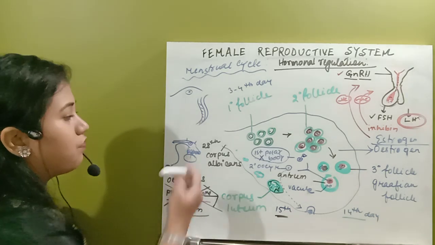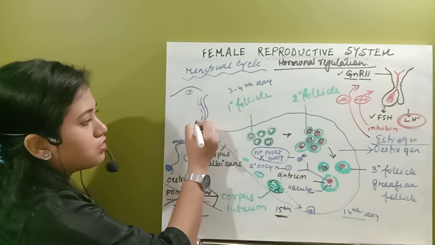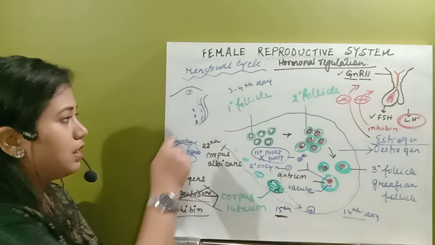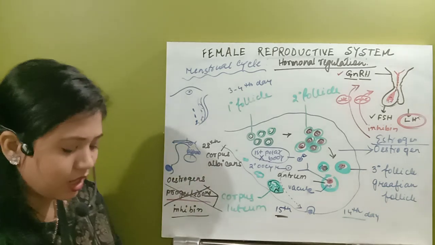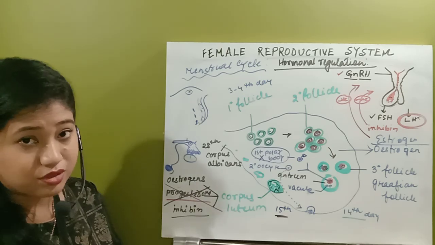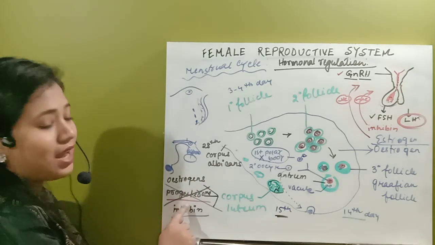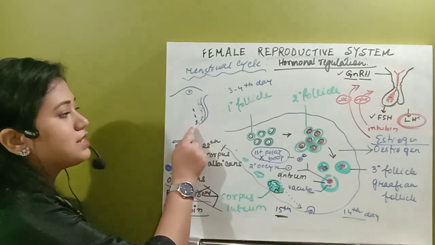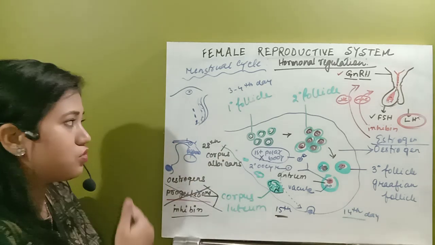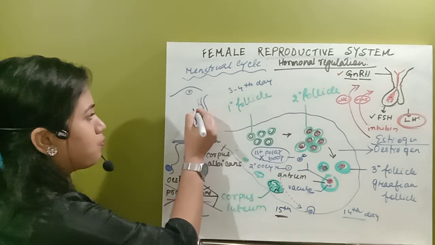Like when normal skin is torn, the blood vessels are exposed. In the same way, due to the lack of progesterone hormone, this endometrium starts to shed, and whenever the endometrium starts to shed, the blood vessels get exposed, and whenever the blood vessels get exposed, blood will come out.